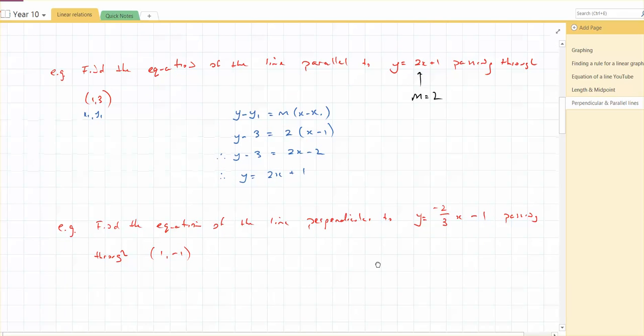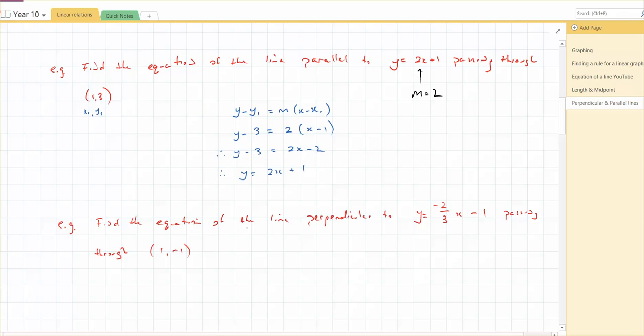Well, we want a line that's perpendicular to this one. So our gradient, well, this gradient is minus 2/3, but we want the line that's perpendicular to this. And what we've just learned earlier is that perpendicular gradients are the negative reciprocal of each other.